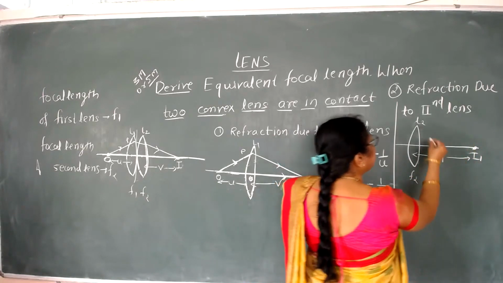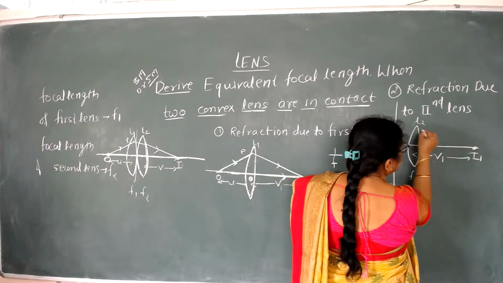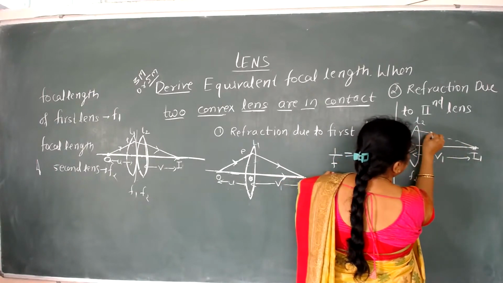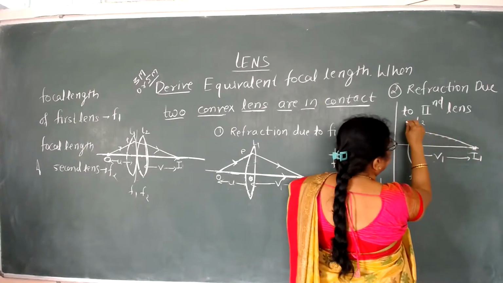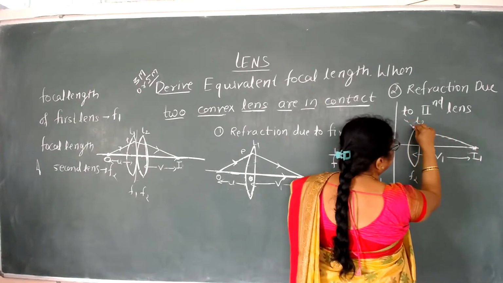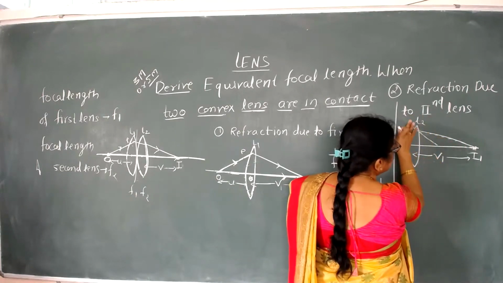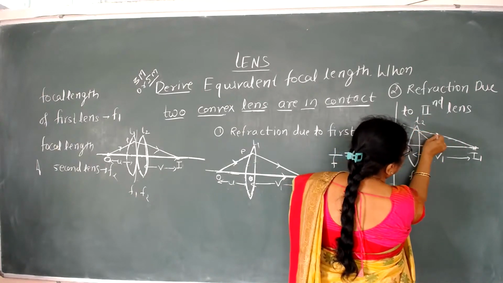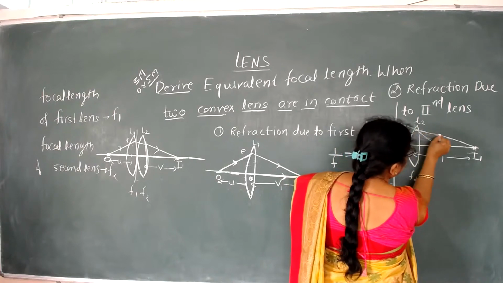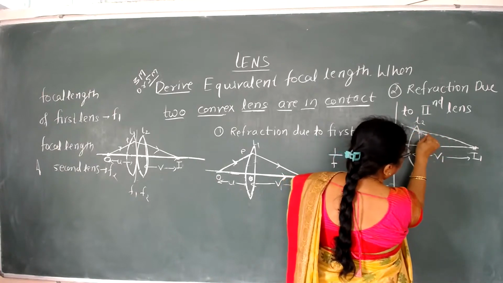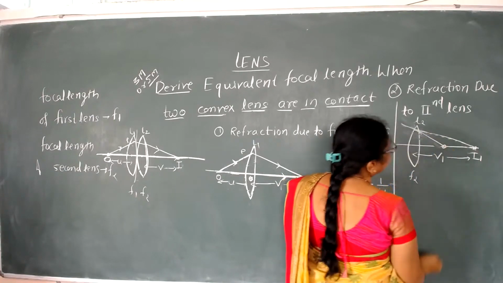The ray of light is incident from the image on the second lens. It diverges, and the ray of light again comes back in the same medium, and we get the image.